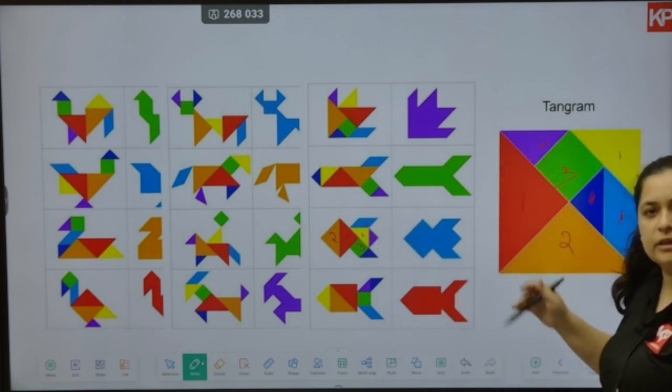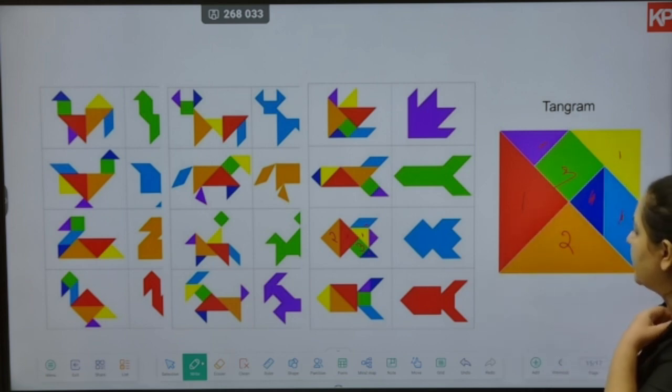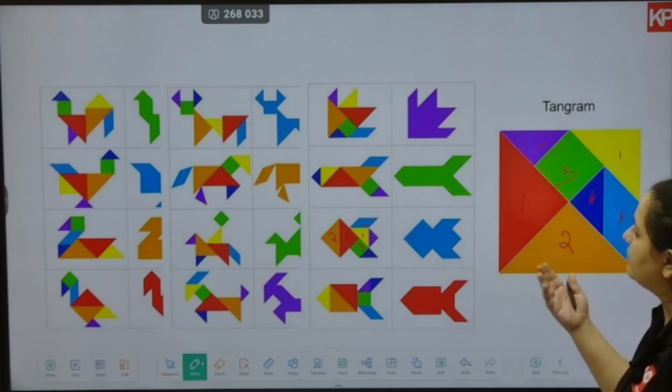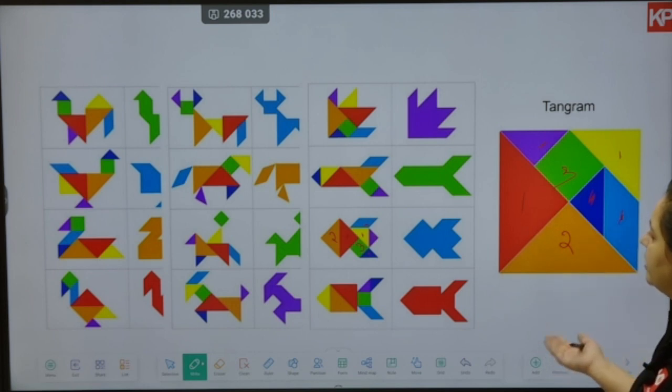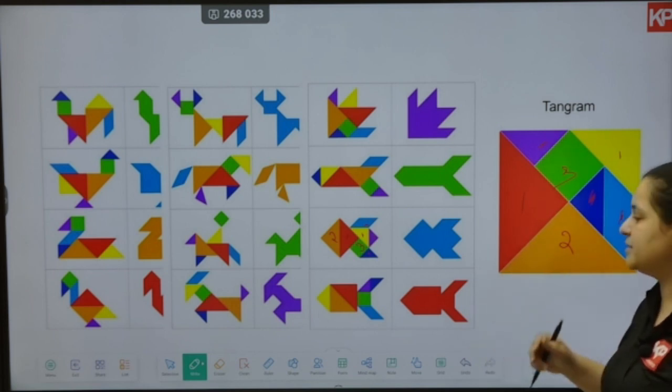With the help of all these shapes, another shape has been formed. For example, you can make a duck, a goat, a fish, a horse, n number of shapes with this.